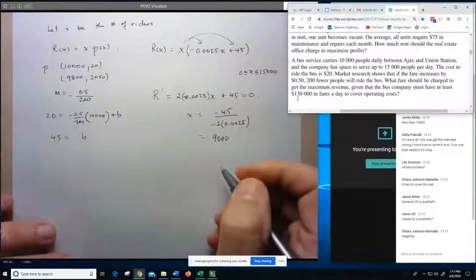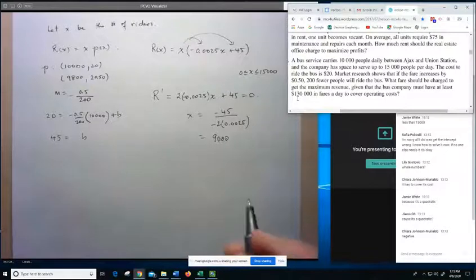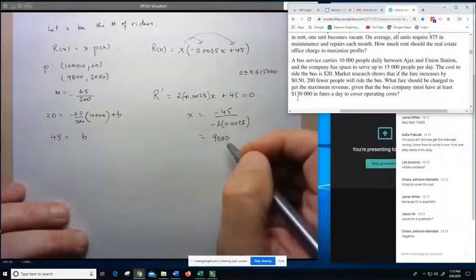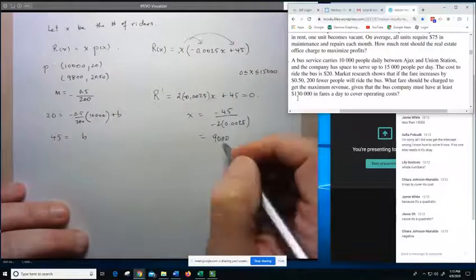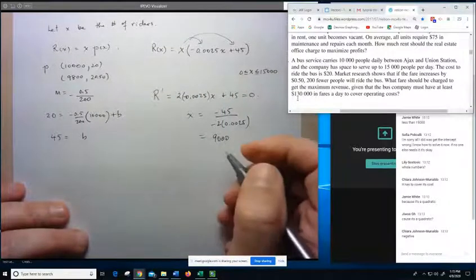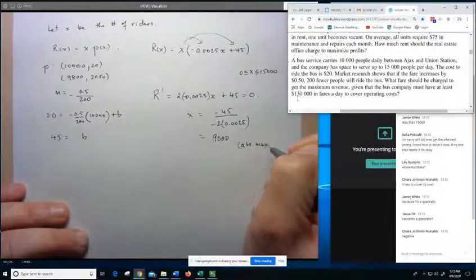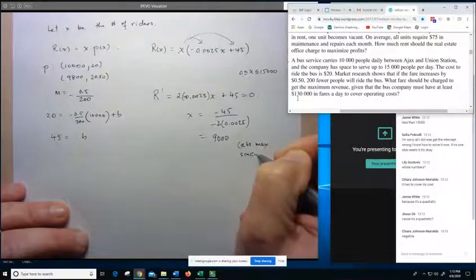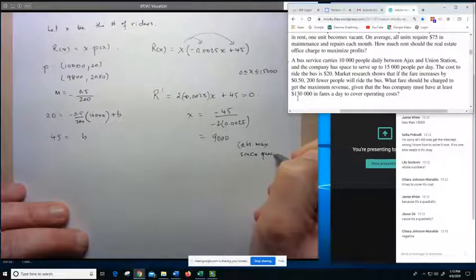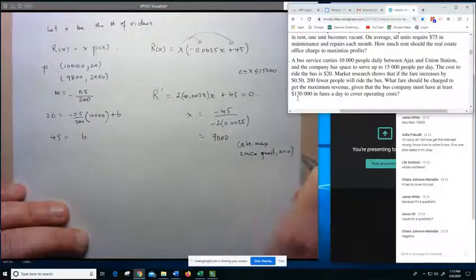Okay, which I know is going to be, because it's a quadratic with a negative leading coefficient, I know that this gives me an absolute max since it's quadratic and a is less than 0.